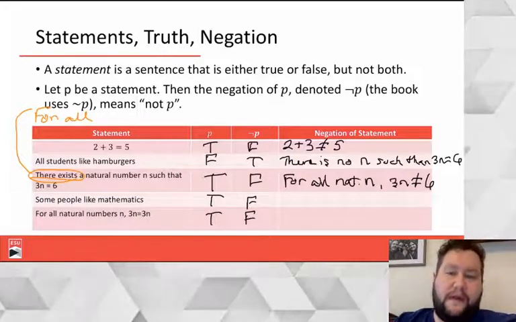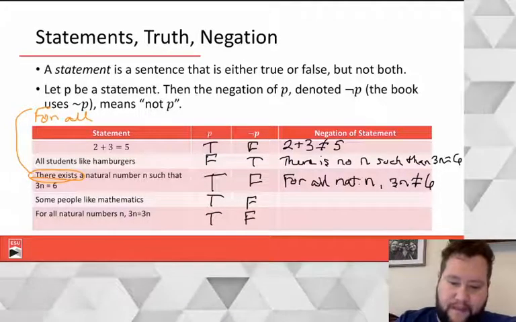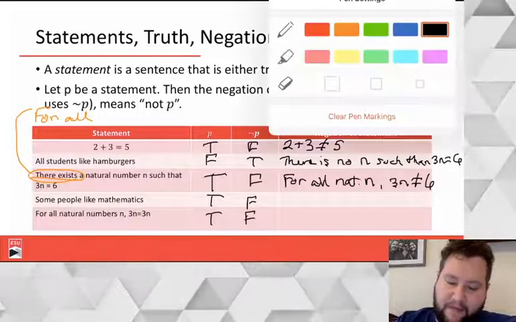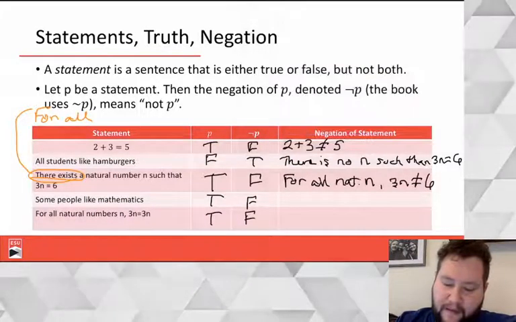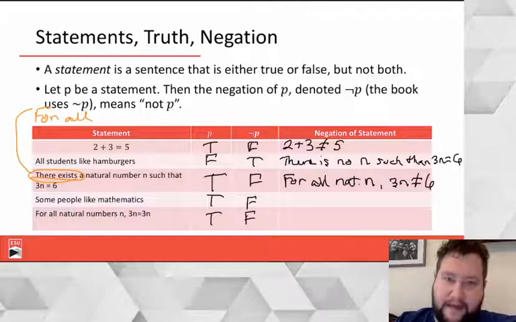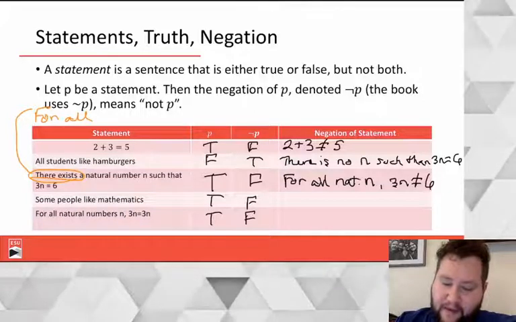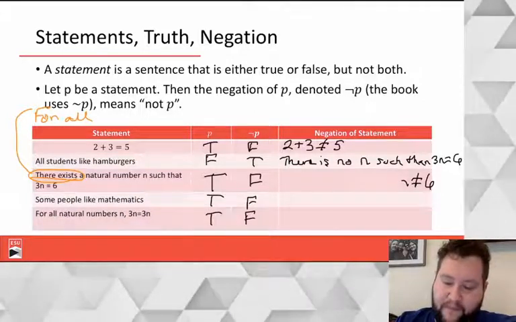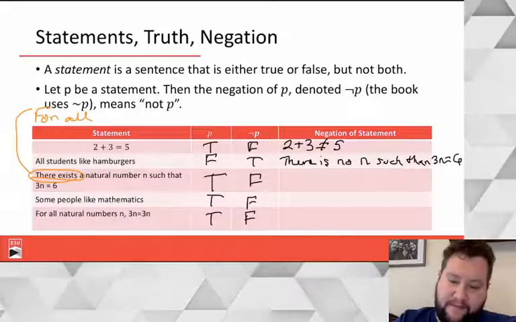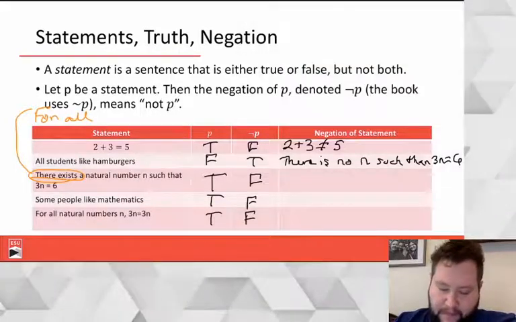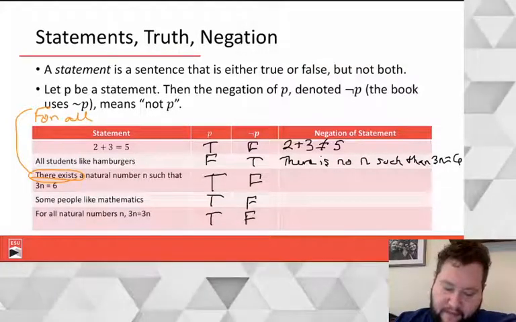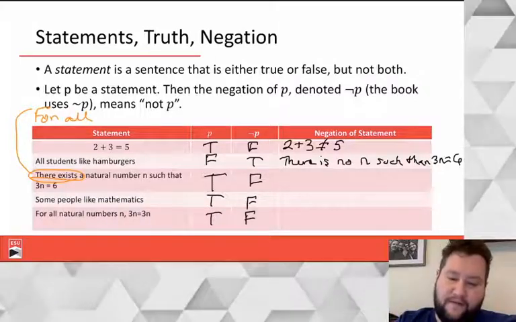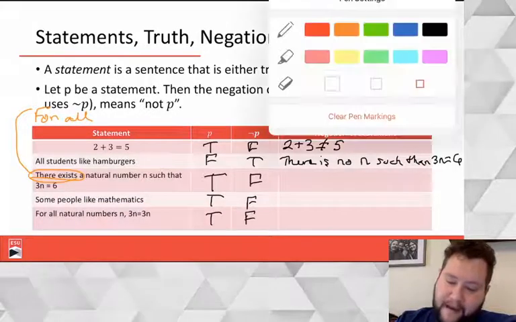Or there's no n such that it is equal. And I would say I probably actually prefer the second one, but I don't think I can easily drag that one up there. So we'll leave that first one there. And then we have, oh, I got ahead of myself.